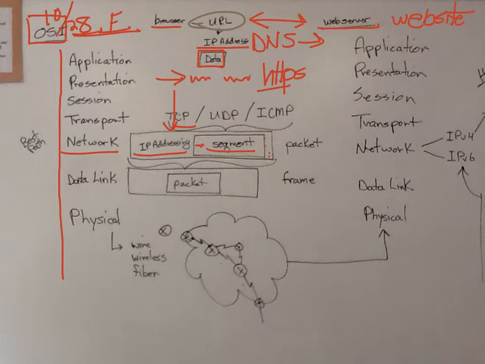Then the packet now goes down to the data link layer, becomes a frame, packet becomes a frame, and then it goes on to the physical. We already talked about the data link, if it's a wired LAN, then it'd go through Ethernet and so forth.